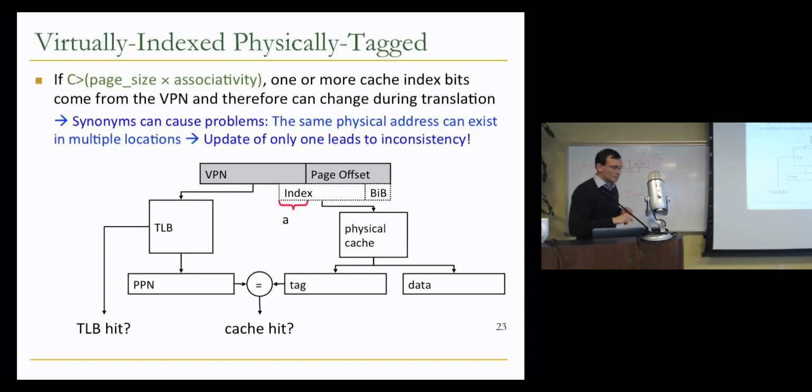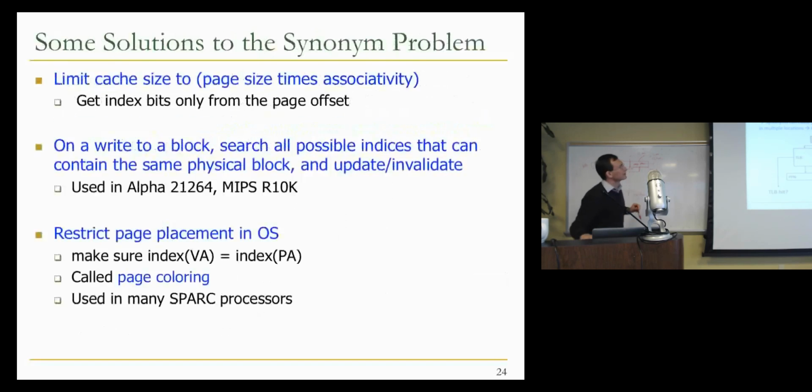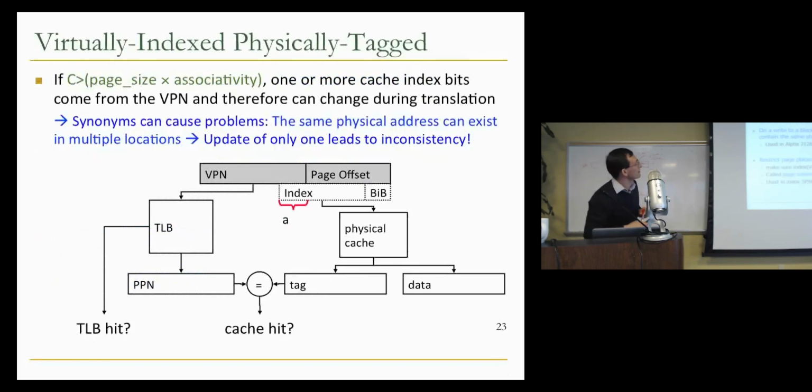Right? If two virtual addresses map to the same physical address, now you can actually have them in different locations. Right? Before, it was different virtual addresses. Actually, let me see if I have an example of this. I actually have a longer example that we will probably go through later.